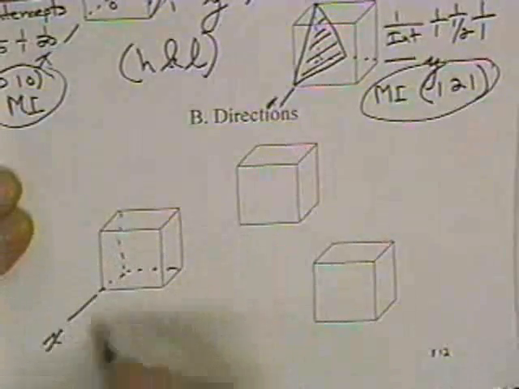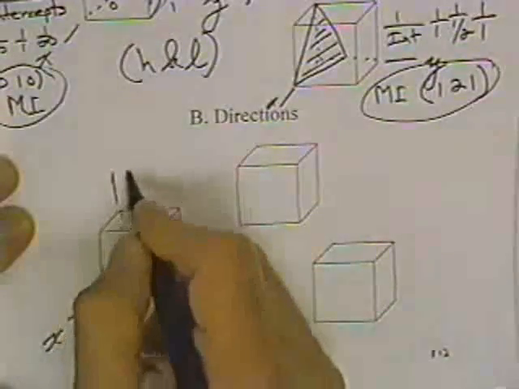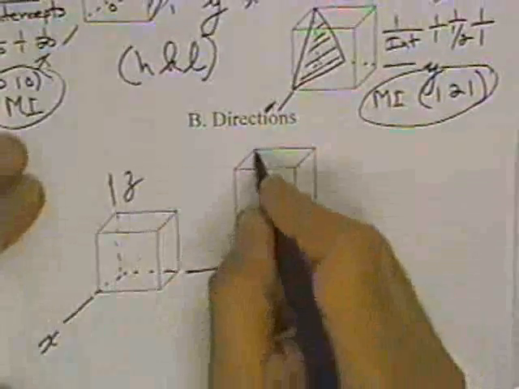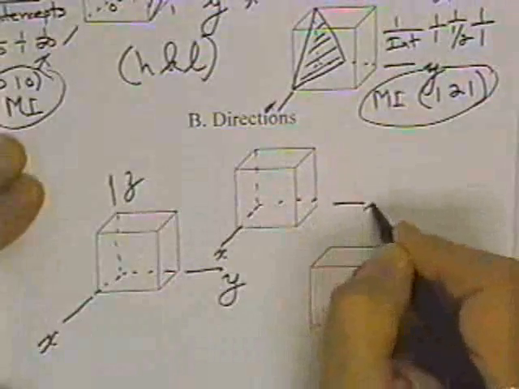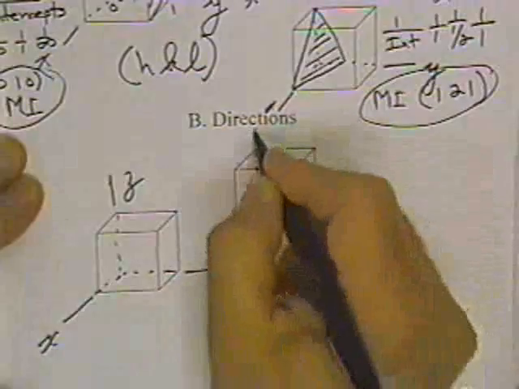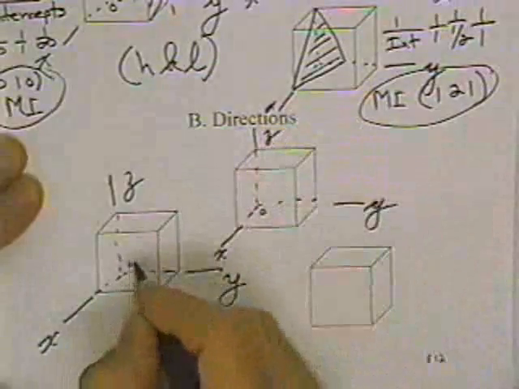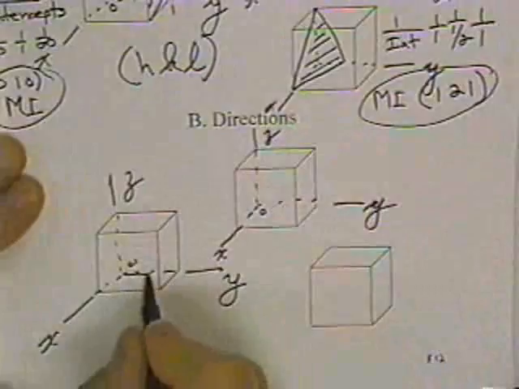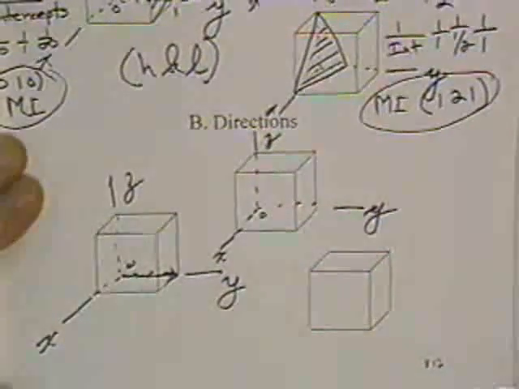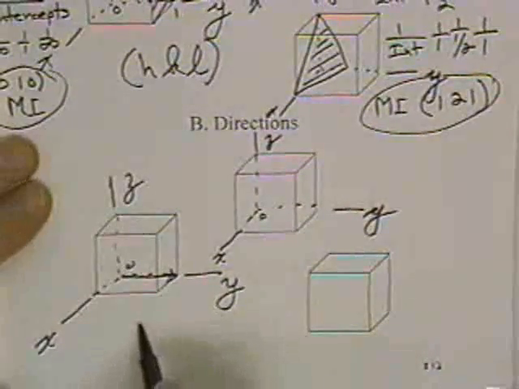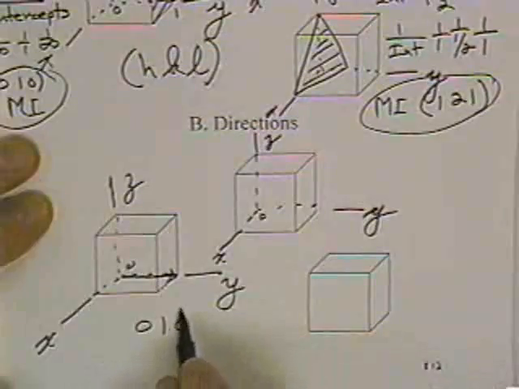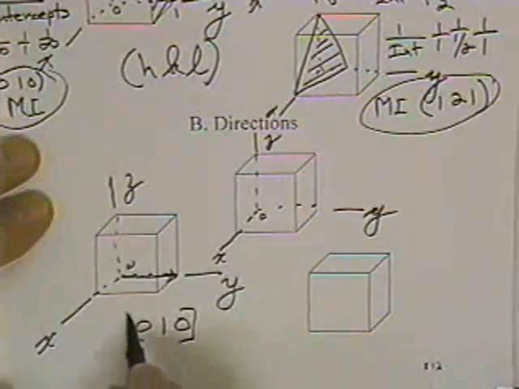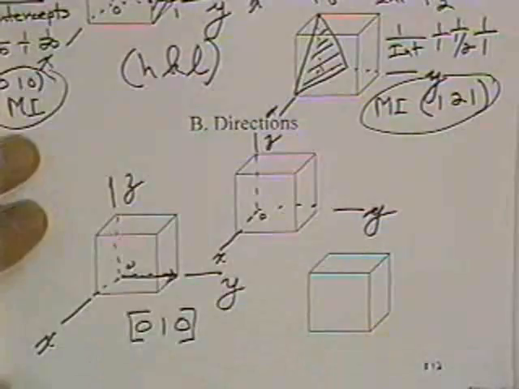We'll use the same coordinate system, X, Y, and Z. We'll put the origin back, and let's try this direction right here. So the direction is 0 in the X, 1 in the Y, 0 in the Z direction. And directions are indicated with brackets.